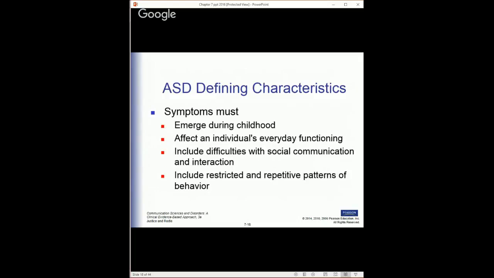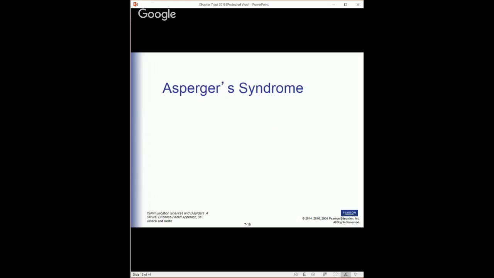Symptoms must emerge during childhood, affect an individual's everyday functioning, include difficulties with social communication and interaction, and include restrictive and repetitive patterns of behavior. Asperger's syndrome, the onset could be before or after 3 years of age.